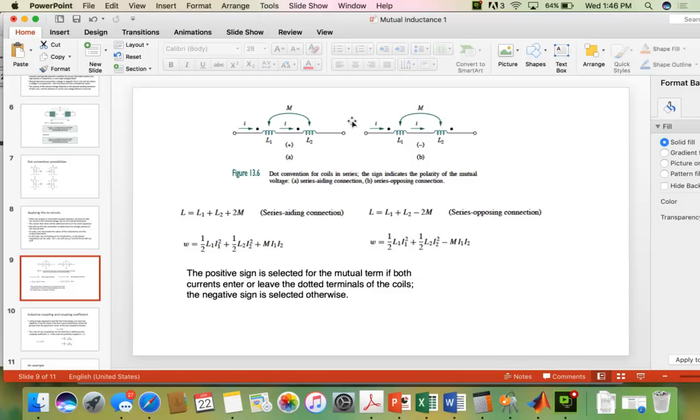So given that current is flowing from left to right, the main voltage drop, I times j omega L, will be plus to minus, and the mutually induced voltages are going to be in the opposite direction. So what happens then is the total inductance decreases by this value 2M. So L is L1 plus L2 minus 2M.